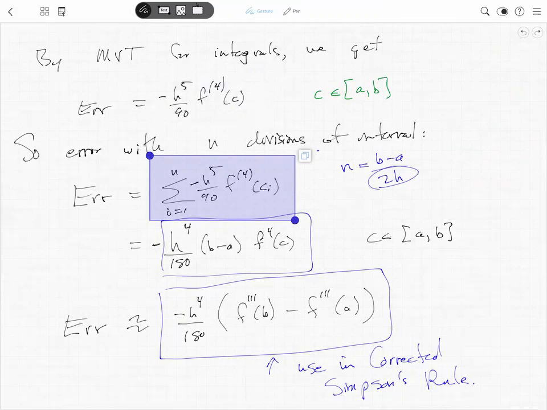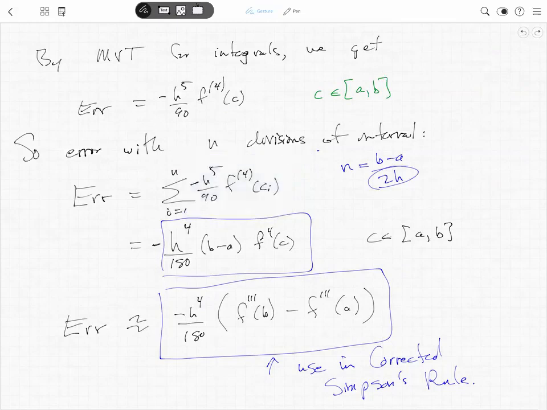So we want to integrate the function f from a to b. We break the interval from a to b up into let's say 2n segments, and then we look at each pair of segments and apply Simpson's rule to each pair of segments, right? So we're going to have n pairs of segments. The error on each segment looks like this. And then we add them all up.